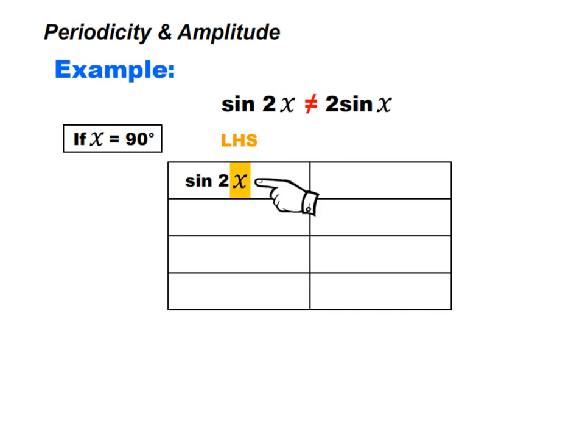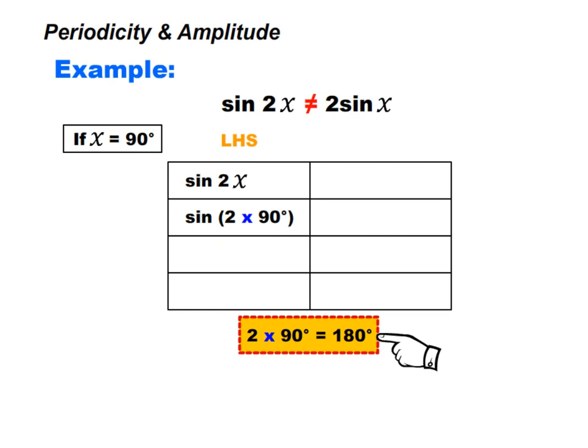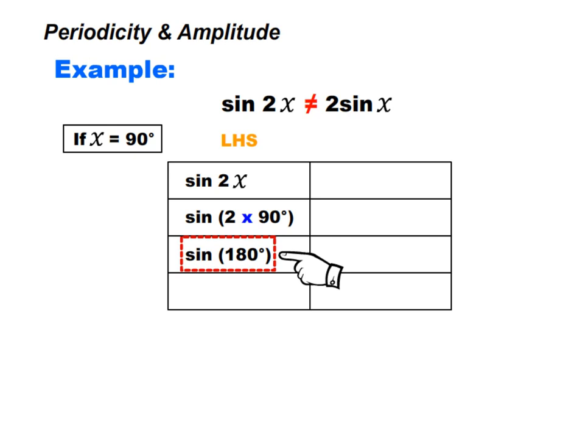In the place of x, let us put 90 degrees like this. So far we have sine 2 multiplied by 90 degrees in bracket. Look at 2 multiplied by 90 degrees in bracket. 2 multiplied by 90 degrees is equal to 180 degrees. So far we have sine 180 degrees.